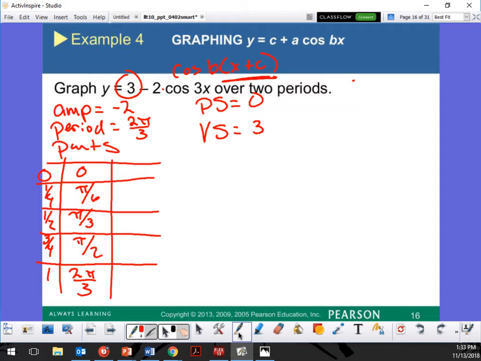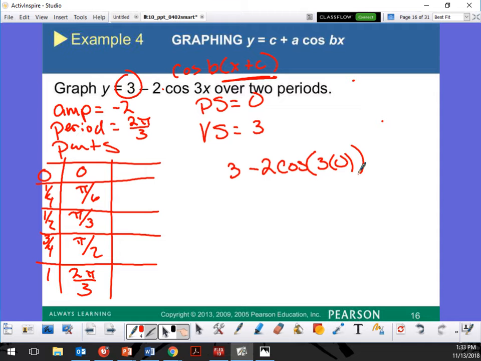Now let's plug it in. It's going to be 3 minus 2 cosine of 3 times 0. Your unit circle is very helpful right now. 0 times 3 is 0.